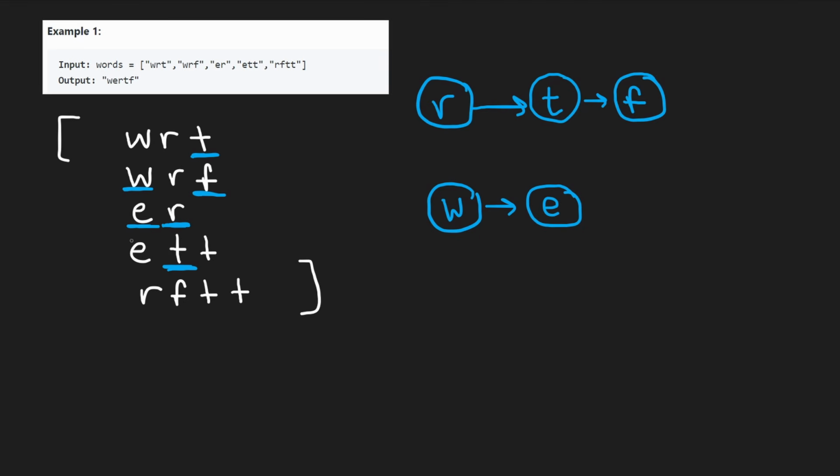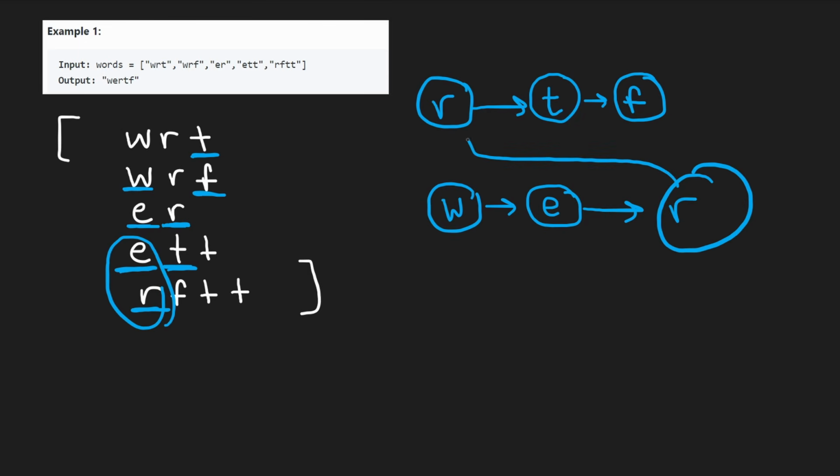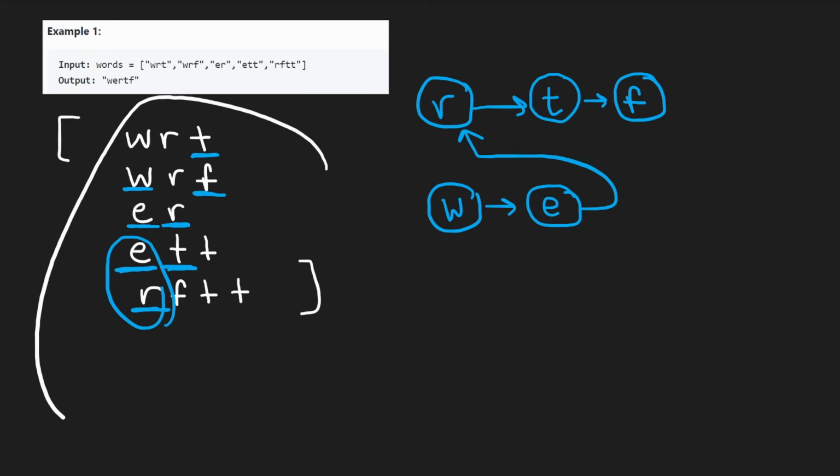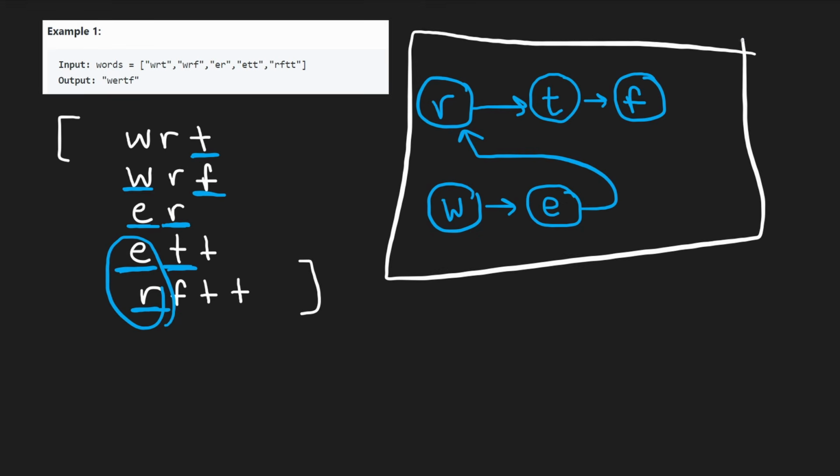Now time to finally look at the last two pair of words. Look at the first two characters, E and R. So that's the first differing pair. So we know that E comes before R, and we know that R is actually already in our graph. So then we can say, okay, let's take this edge and then hook it up over here. So once you recognize that you can use those relationships of characters and the relative order of those characters to build a graph, this problem becomes doable, right?